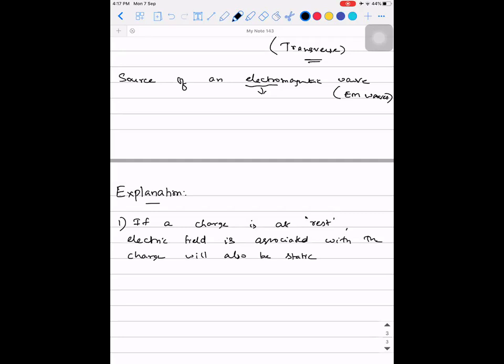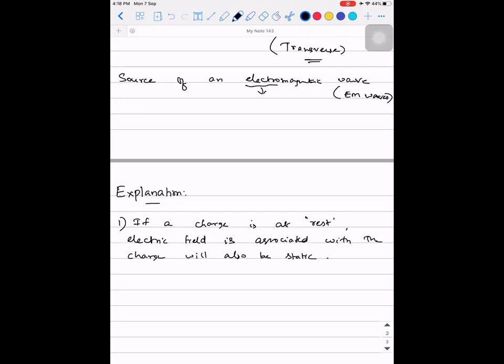So in this case, what will happen? I'm asking you a question. Is there a possibility for electromagnetic wave to get generated in this scenario? No. Why? Because the charge is not in motion. Yes, exactly. Since the charge is not in motion, you cannot speak about magnetic field.